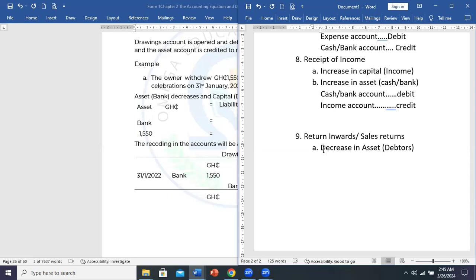But the debtor is returning goods to you. And there's also going to be an increase in asset stock. Okay, but that increment is as a result of return inwards.